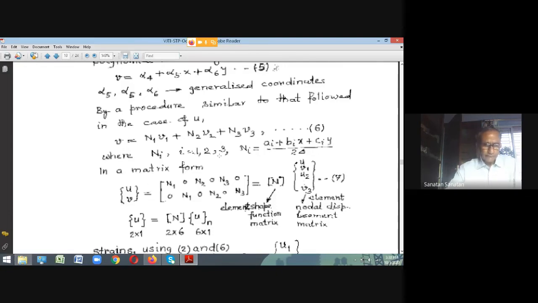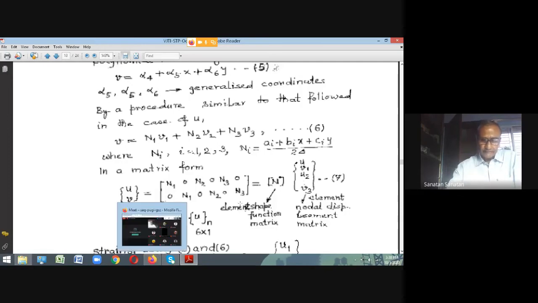The displacement at any point, UV, is nothing but this matrix, which is of dimensions 2 rows, 6 columns, multiplied by the displacement of the corner nodes, which is shown here. That N matrix multiplied by this displacement matrix. So that's what the displacement UV at any point is, given in terms of the corner node displacements U1, V1, U2, V2, and U3, V3.